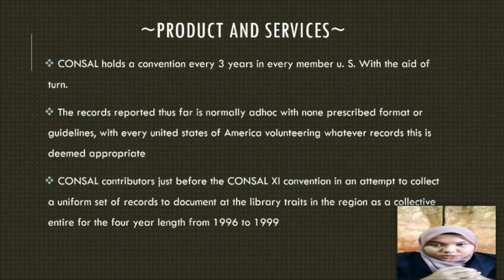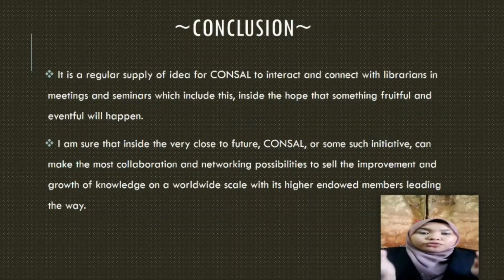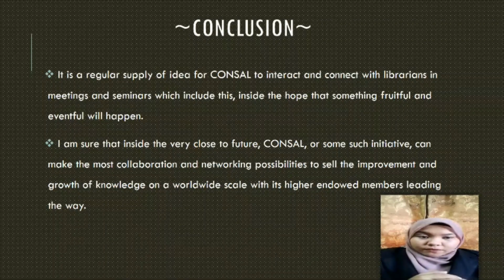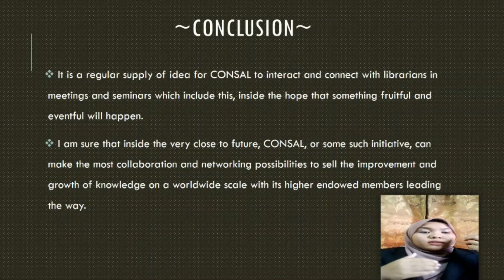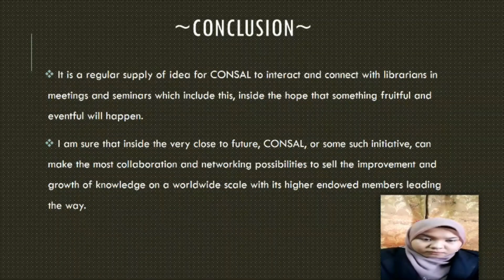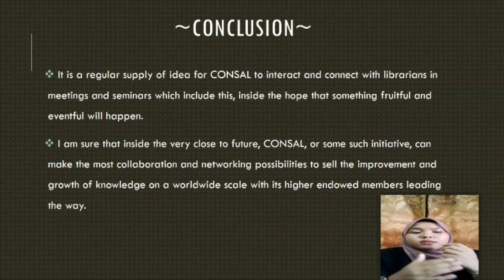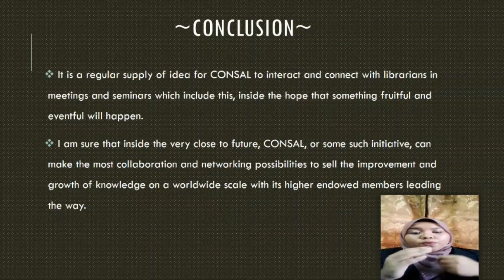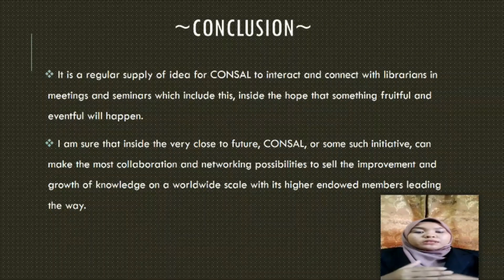part of the presentation, the conclusion for the council. Okay, for the conclusion, it is a regular source of ideas for the council to interact and connect with librarians in meetings and seminars, in the hope that something fruitful and eventful will happen. I'm sure that in the very near future, there are some initiatives that can make collaboration and networking possible to improve and grow knowledge on a worldwide scale, with Indonesian members leading the way.